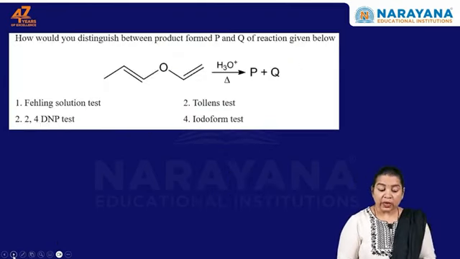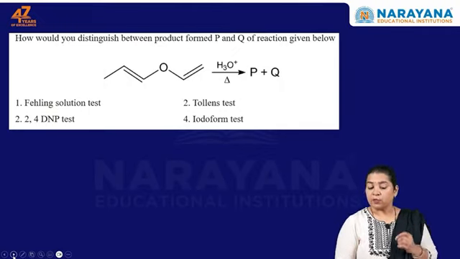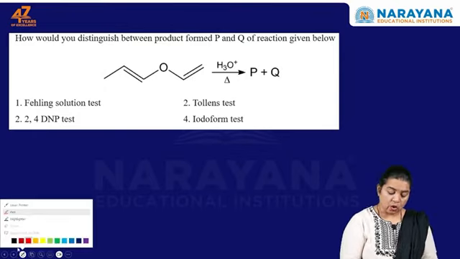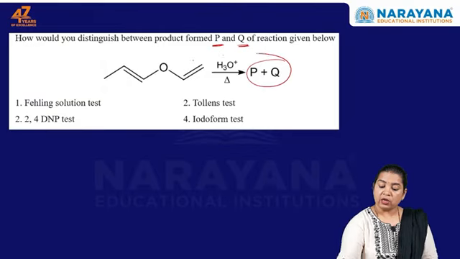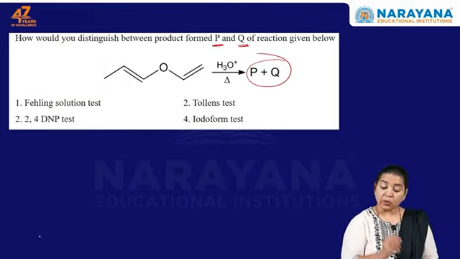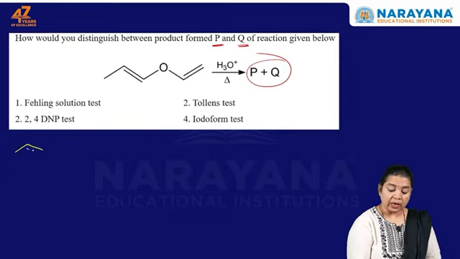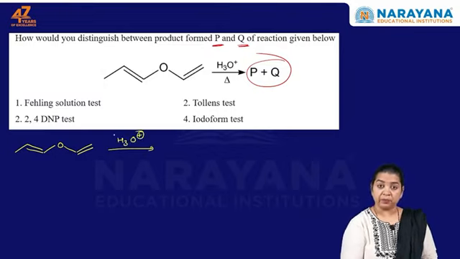This next question: how would you distinguish between products formed P and Q of the following? Here they are forming P and Q. Now the point is, what are these hydrolysis products? Then only we will be able to know what test I can use to differentiate them, right?